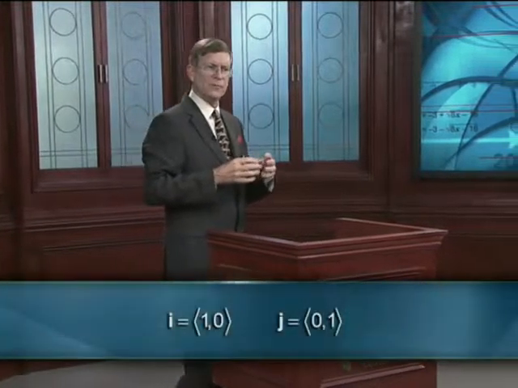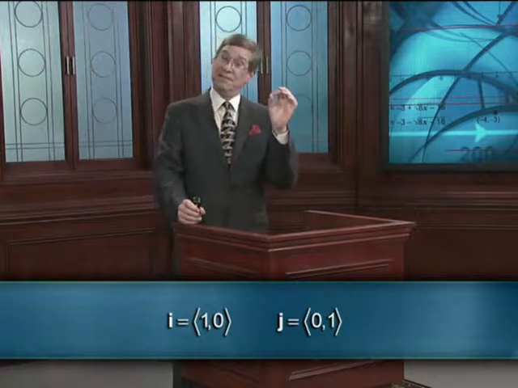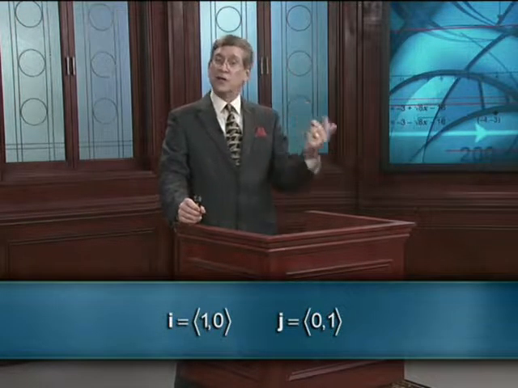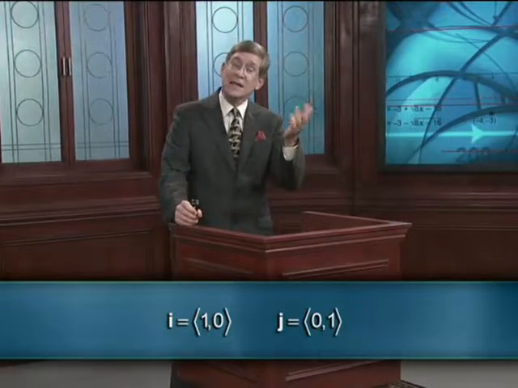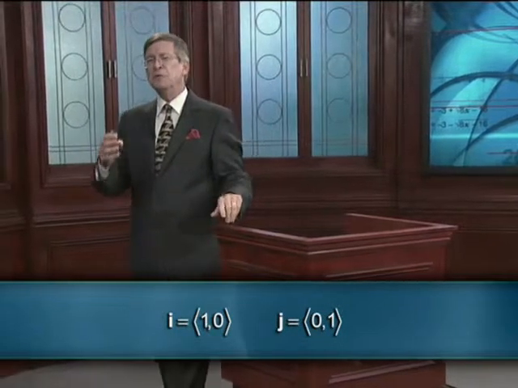And they're so important, they're given special symbols. i, a boldface i because it's a vector, equals the vector 1, 0, and j equals the vector 0, 1. If you were doing three-dimensional vectors, there'd be a third one called k, but we're only doing planar vectors.